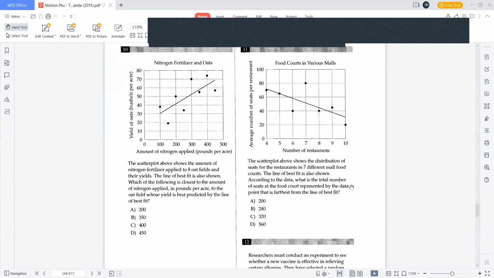The scatter plot above shows the distribution of the seats for the restaurants in 7 different mall food courts. The line of best fit is also shown. According to the data, what is the total number of seats at the food court represented by the data point that is furthest from the line of best fit?